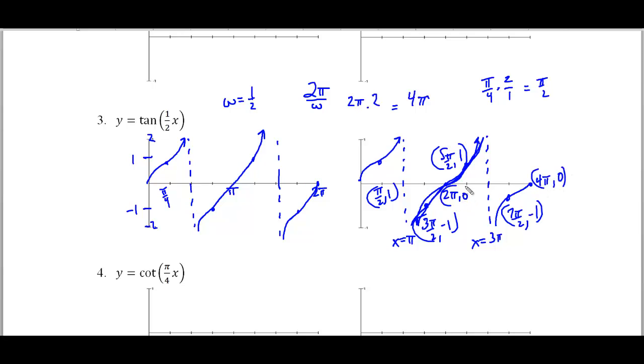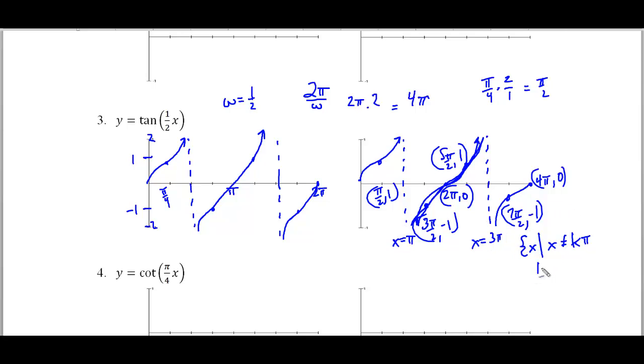So what this is showing me is that when I talk about my domain and range, these x equals equations are very important to me. So the domain is going to be x where x is not equal to k times pi, where k is any odd integer, because it's going to be 1, 3, 5, 7, 9.